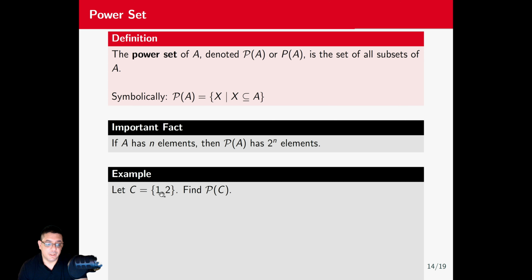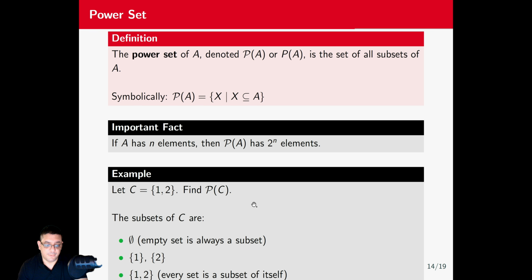One example. Consider C, the set of 1, 2. Let's find the power set of C. First of all, notice the empty set is always a subset, so it's going to be there. The set of 1 and the set of 2 are going to be there, since with each of the elements you can consider one small subset, and of course C itself.